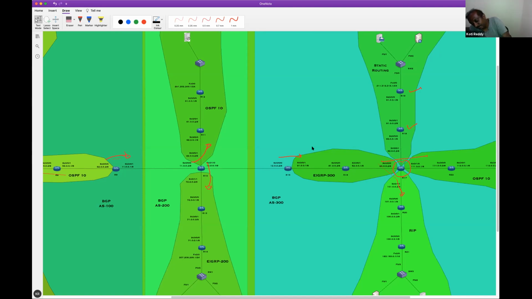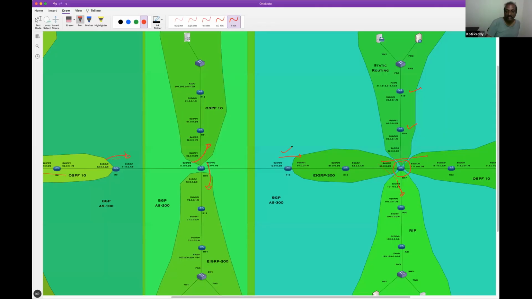Yes, I missed on the border router, which is BGP AS300, when you were distributing to EIGRP 300, the configurations. That was very simple. I went to R15. I went to router EIGRP 300, redistribute BGP 300 with so and so metric.